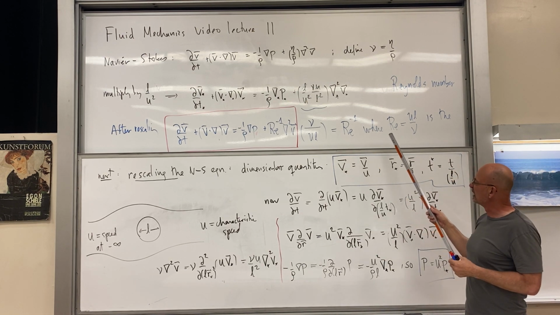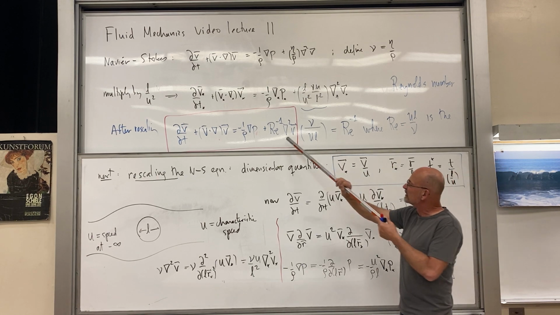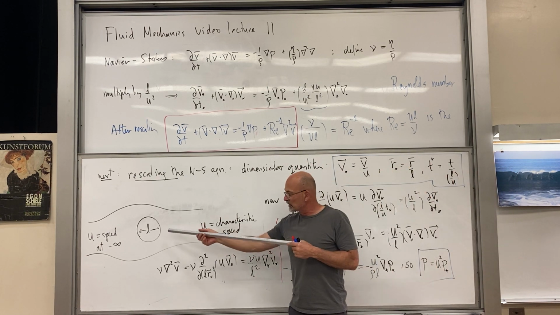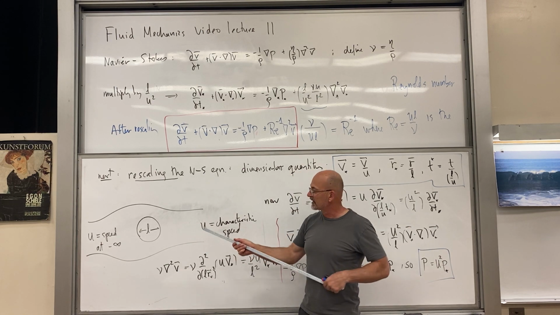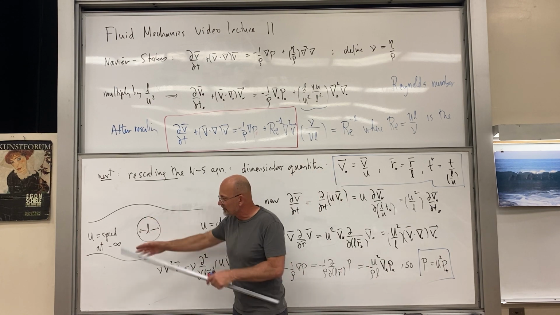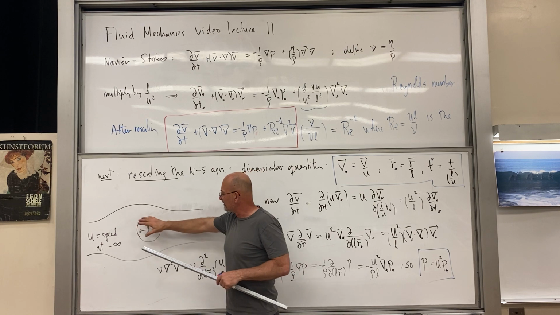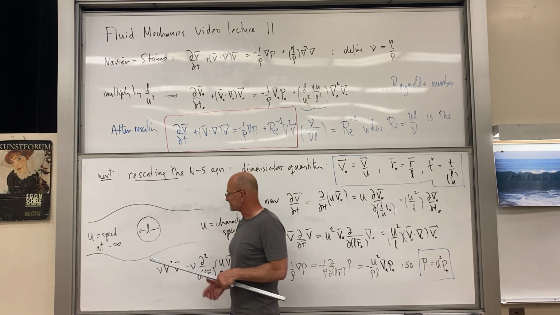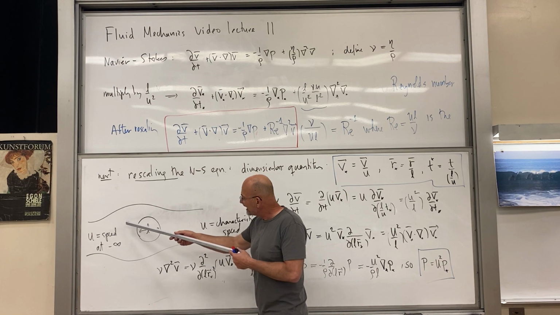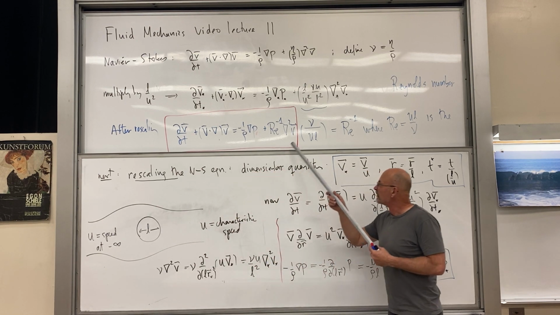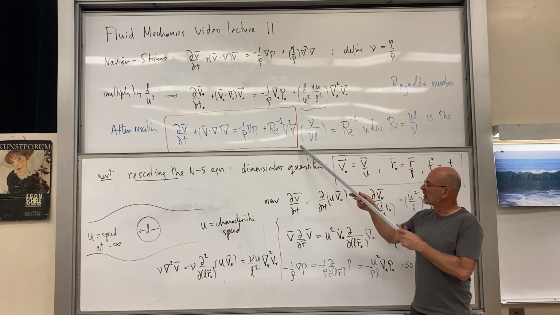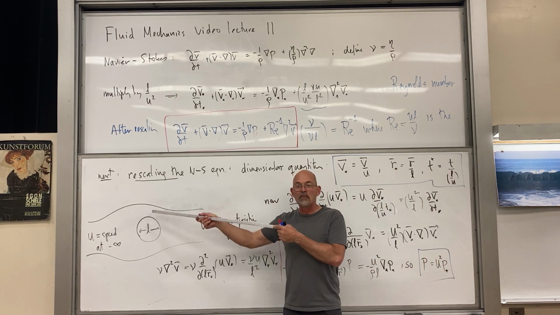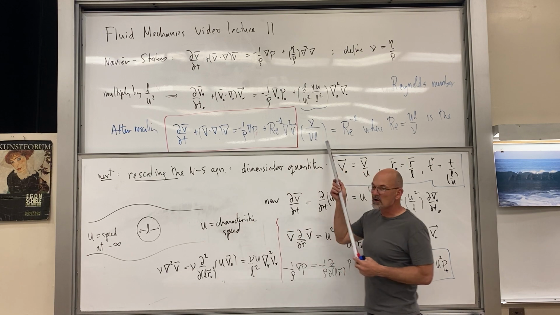So this is used, even though you can't solve this differential equation, you can rescale things and you can build, for example, wind tunnels. You can do a small scale version of a large scale object, airplanes and stuff, wings, and then study the behavior with a small scale model of a larger object.